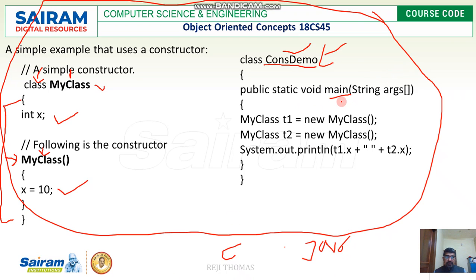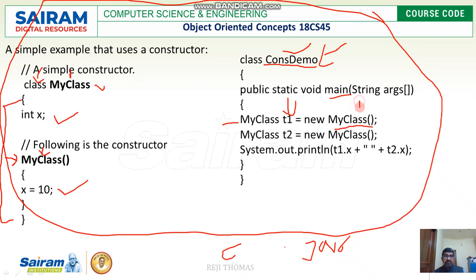And we have got the main method. Inside the main method, I've created an object of MyClass with the new operator. Look at this, MyClass. In the previous video, we just created a class object without any constructor.